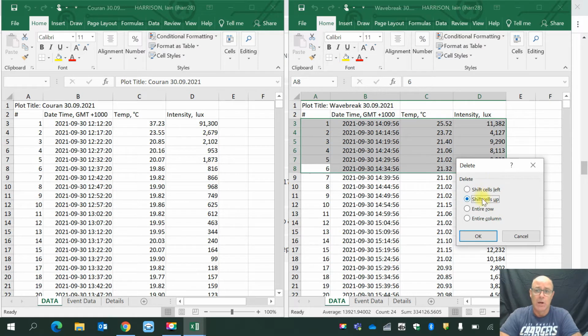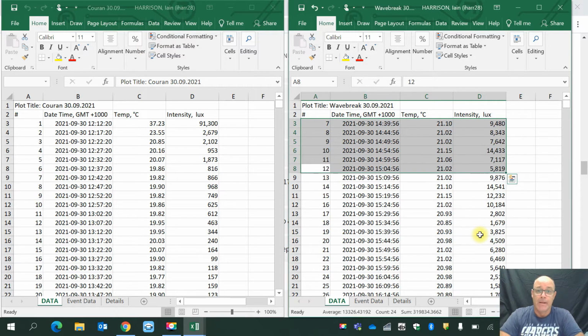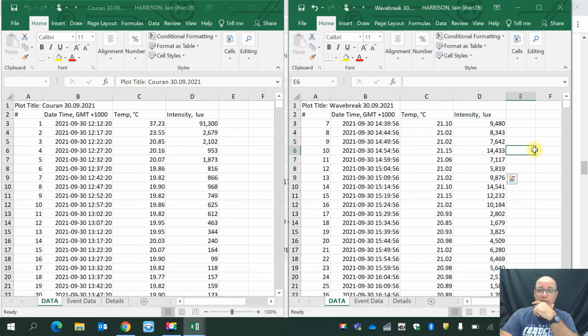When we right click, it asks whether we are going to shift the cells up. Ideally, yes, we are, so we can get a nice clear comparison between both of our worksheets. So we're going to OK that. And you can see now that we've deleted that first bit of information. We now start at number 7.